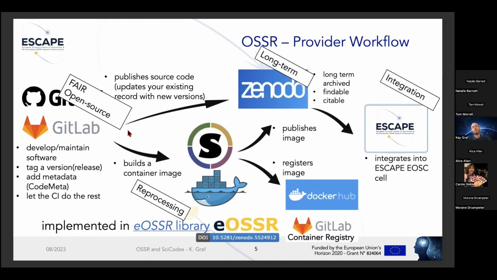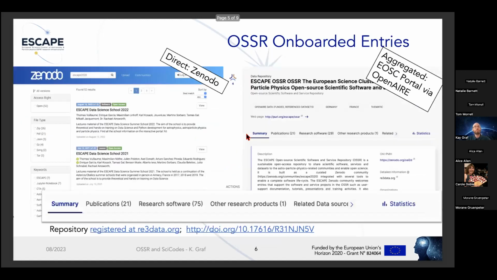Or, if you don't go the direct code route, build a container, either Singularity, Apptainer, or Docker, and publish or register the image. We implemented a small library that does this CI, but also checks the CodeMeter and so forth, so that the best practices we put out there for our users are checked automatically, and then it's integrated.